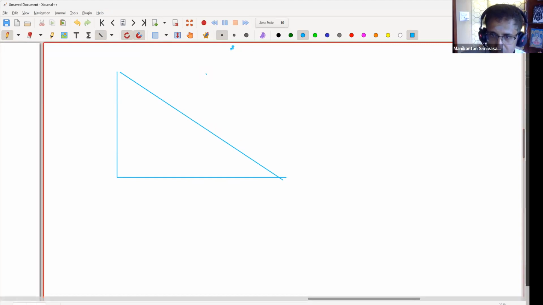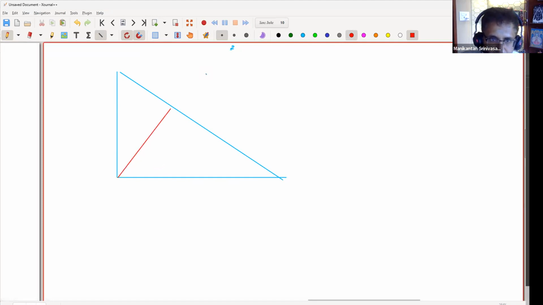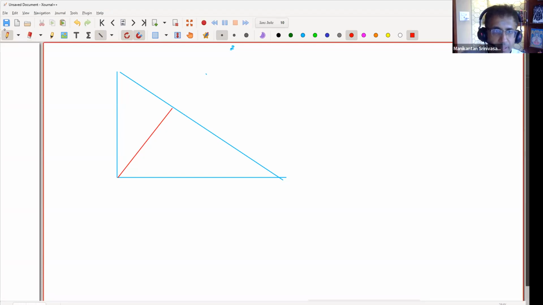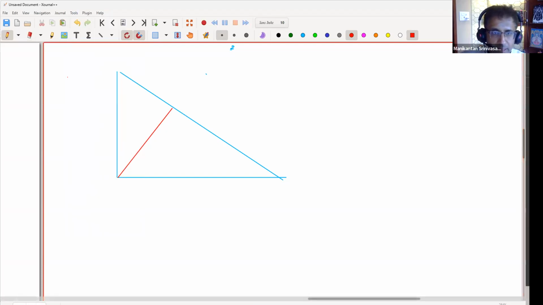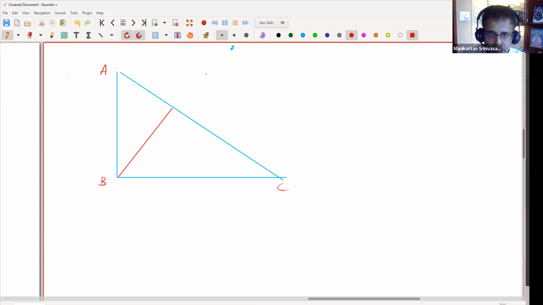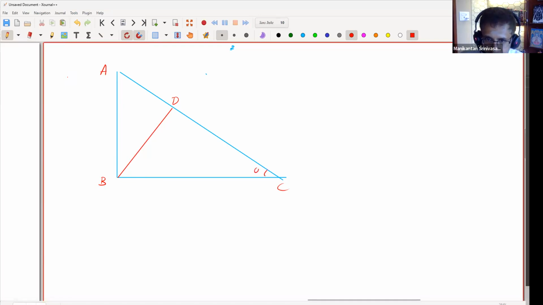Okay, so if I draw a perpendicular from here to here, these three triangles will be similar. Let's say this is A, this is B, this is C, and this is D. This is theta. This is perpendicular. This is also perpendicular.